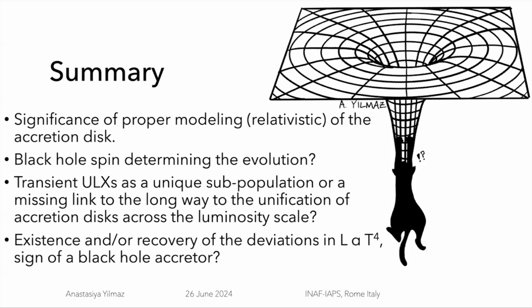And with the existence or even the recovery of those deviations in the luminosity versus temperature relationships, maybe we can use that as a way of inferring a black hole accretor, or there might be some sort of missing link between those two cases.